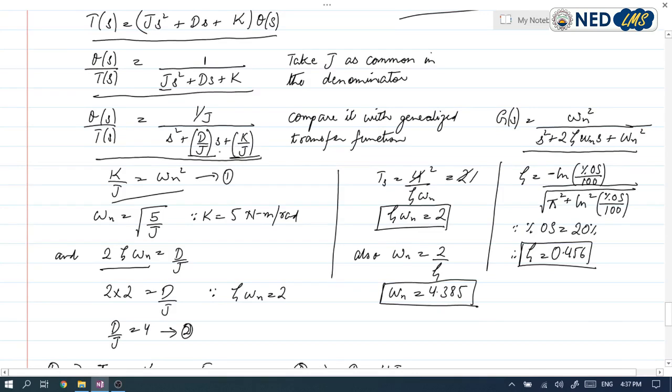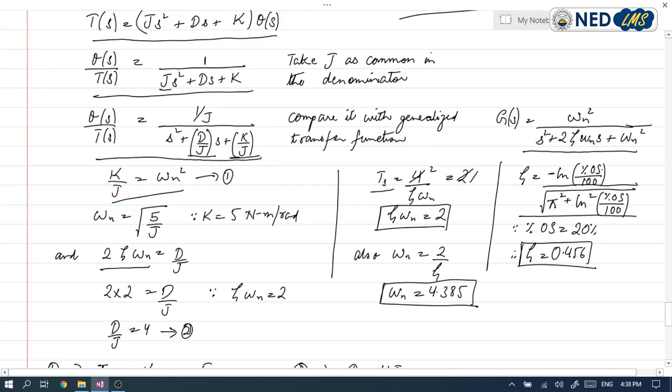And we know that we are given two values, settling time and overshoot. From the value of settling time we have derived this term, zeta omega n, which is equal to 2, and we derived this formula in the derivation of percentage overshoot.